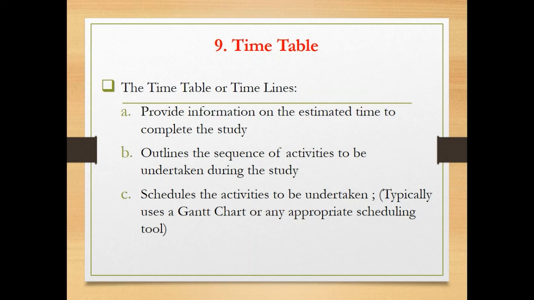But your actual conducting of the study will now reveal to you that there are certain parameters that you can crash in the process, because even in project management, we do that.